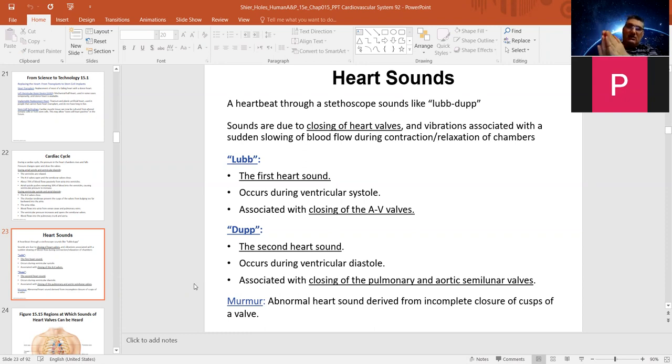They close and make another sound. Lub, dub, lub, dub. AV valves, 2, semilunar, 2.